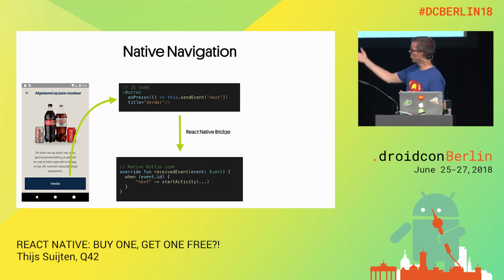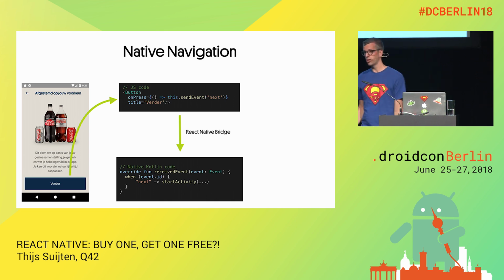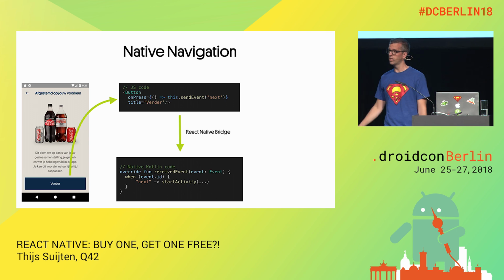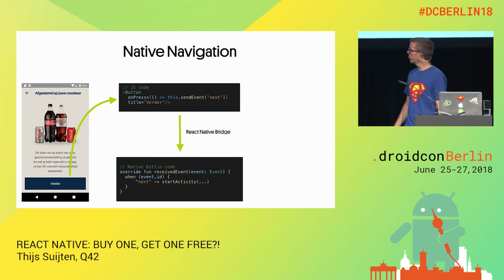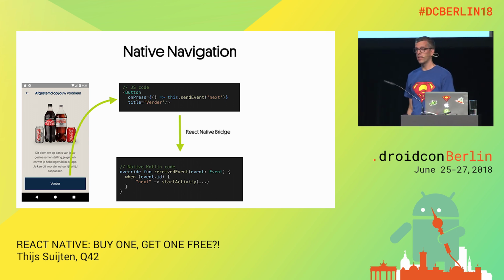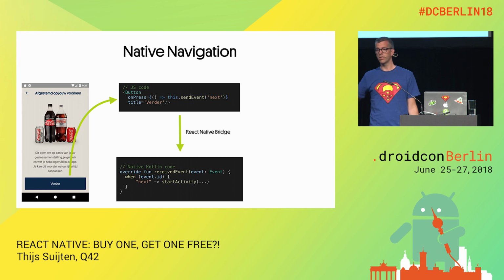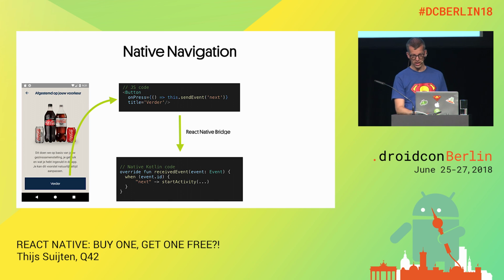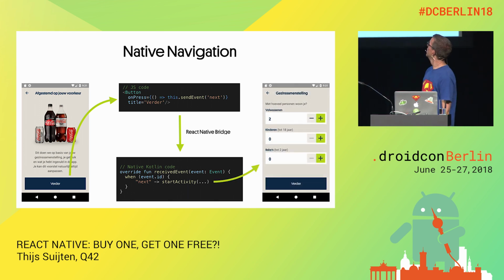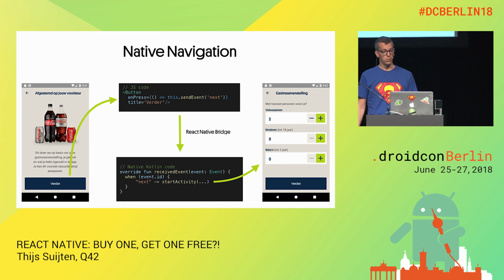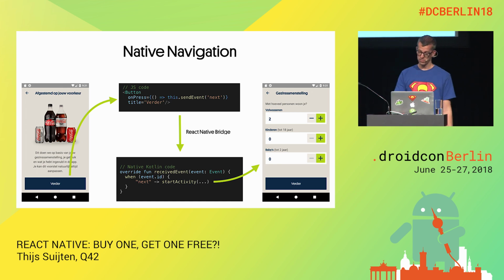And then in the native code, and this is the Kotlin example, but there's also a Swift file, that is catching this event. We say, okay, we received the next event, and then we want to start the next activity. And that activity, again, loads in a React Native view, which shows the content of that screen. And this is the way we went for navigation, which is really working for us.